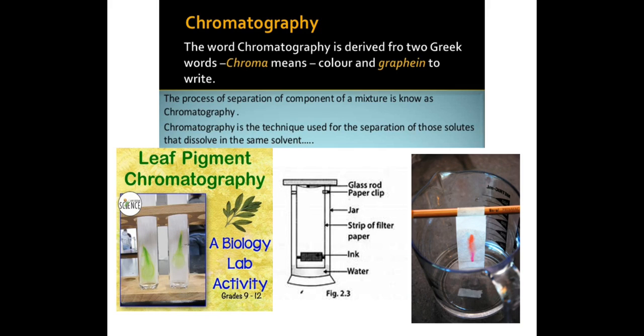Then you remove it, filter it, hang a filter paper same as here, and you will get this color. This is your chlorophyll pigment. This chromatography is also used to separate drugs from blood.